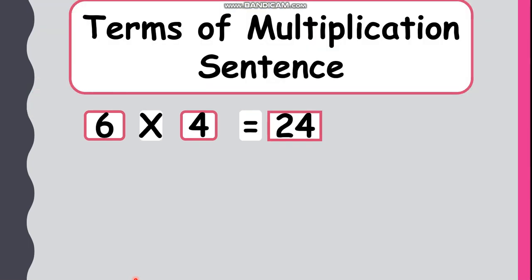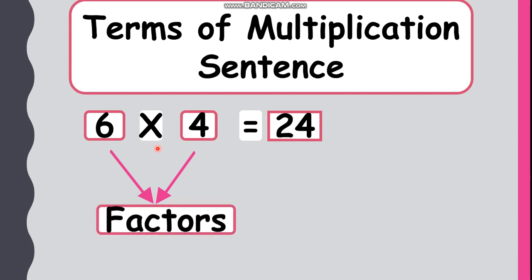Now, let's learn the terms of a multiplication sentence. You know what a multiplication sentence is? Whenever we write the values this way, using the multiplication sign between them, it is called a multiplication sentence. Now, let's learn about the terms. Here we have 6 and 4. What are they called?